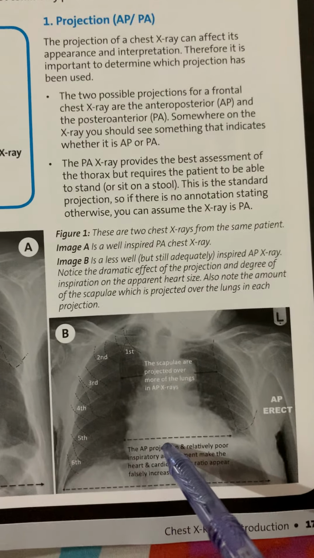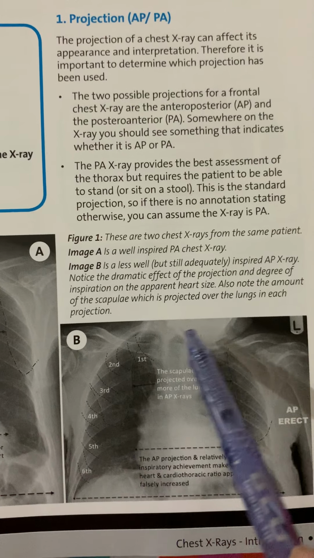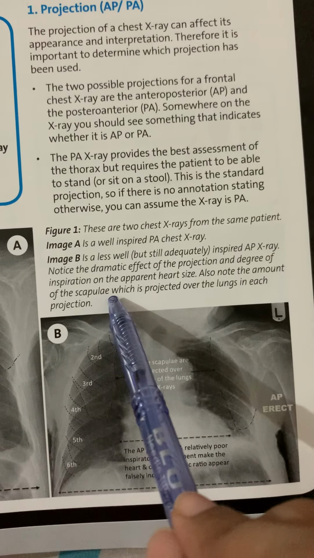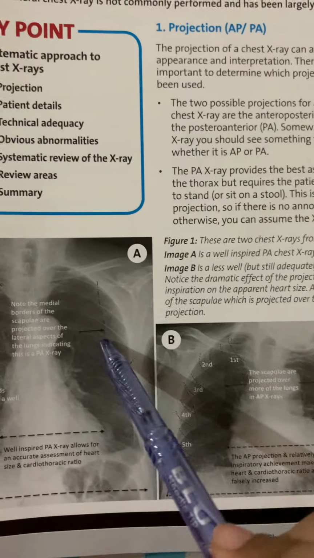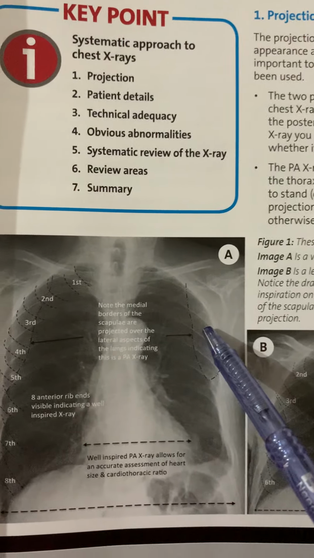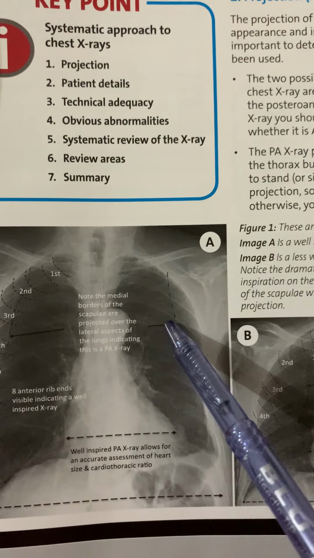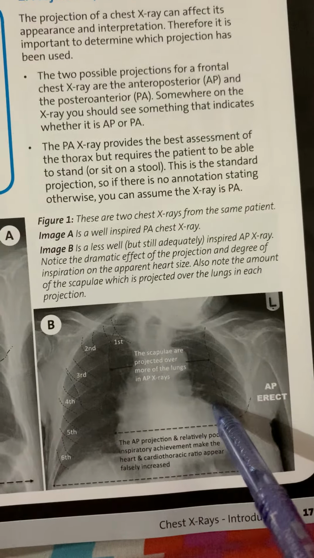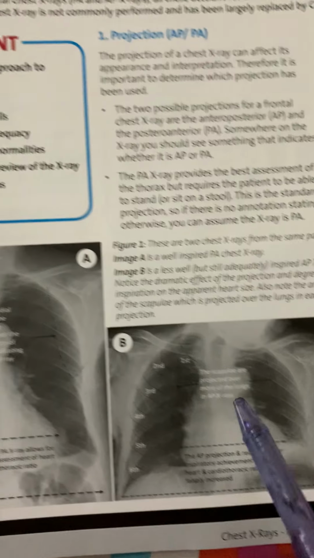There is a different size of the heart in these two different diagrams, and also note the amount of the scapula which is projected over the lungs. In this PA view, the scapula is here, and in the AP view the scapula is projected more on the lung fields.